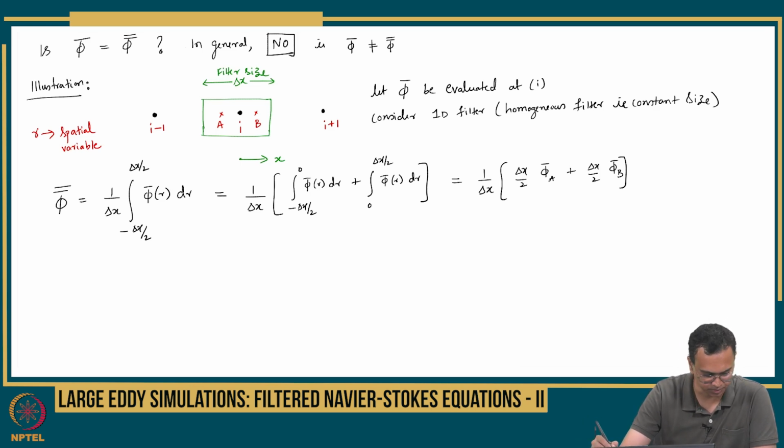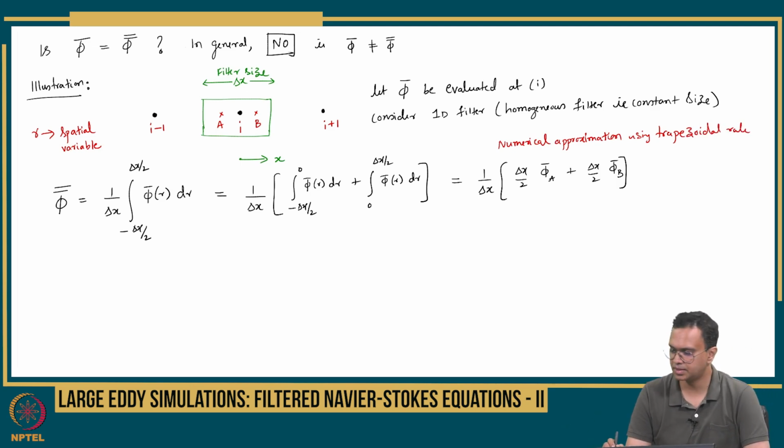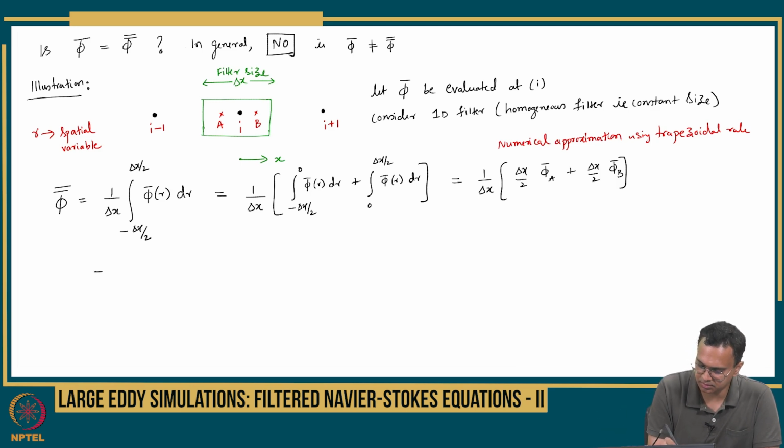This is a numerical approximation using the trapezoidal rule, which is second order accurate. The phi A bar I can also produce using linear interpolation between I minus 1 and I, and between I and I plus 1.